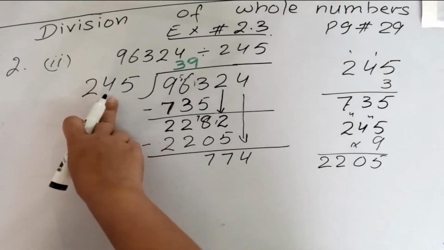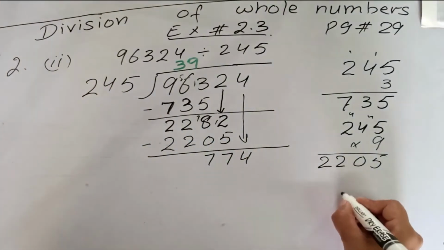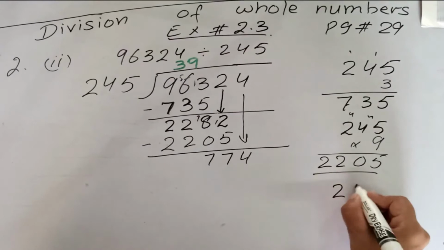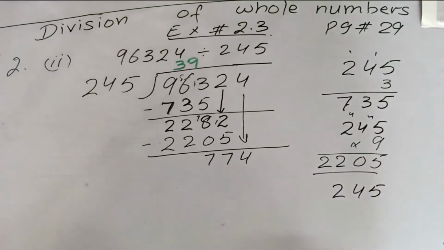Now again we have to take this value 245. This is our rough column. You have to multiply it. Don't use the calculator. You have to solve it by yourself. Here again we have to take the value.